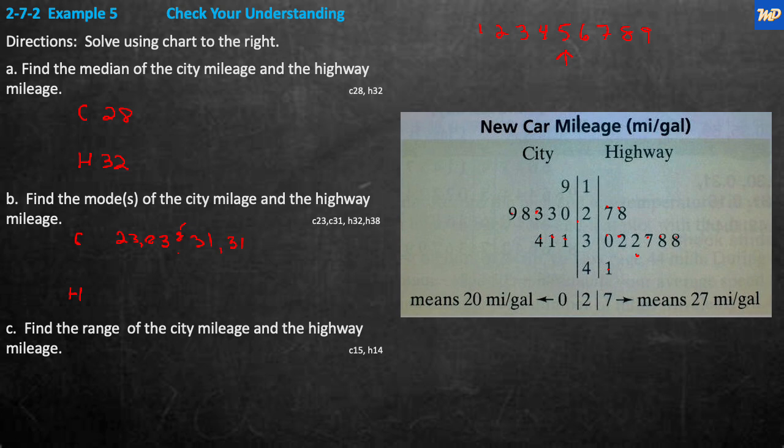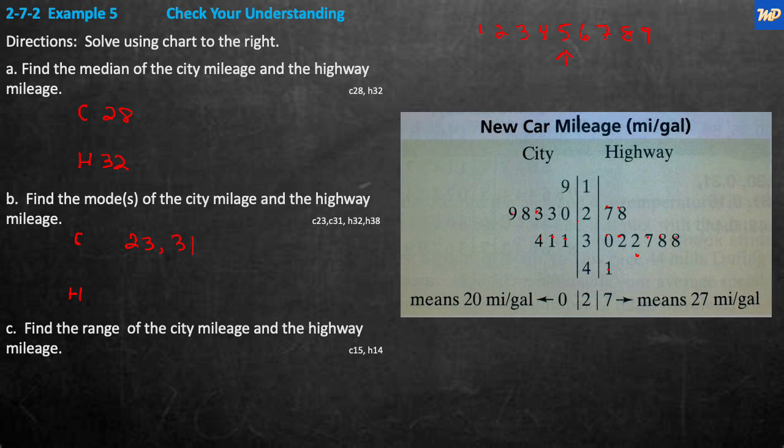Those are the modes, right? Maybe I'll make it a little cleaner. How about if I get rid of this, and I just write one value, not all of them. How about 23 and 31? There's two of each, and those are modes. 23 is a mode, and 31 is a mode.